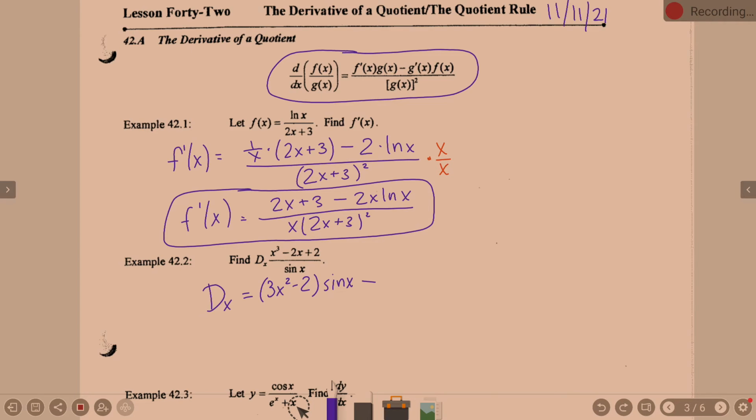The derivative of sine x is cosine x, times x cubed minus 2x plus 2, because that's the numerator. All over sine squared. Notice I put that x cubed minus 2x plus 2 in parentheses. Would it be sine squared x or sine x squared?